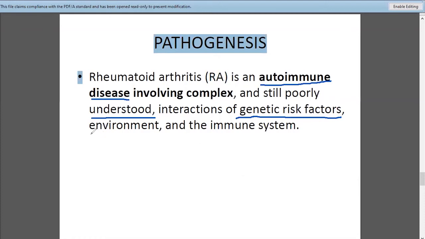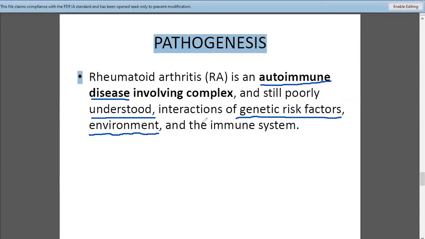And the other factor is environmental reasons. Environmental reasons, we talked about before, like radiation, and sometimes pollution, even some chemical reasons, or weather changes, more dampness, more cold environments.